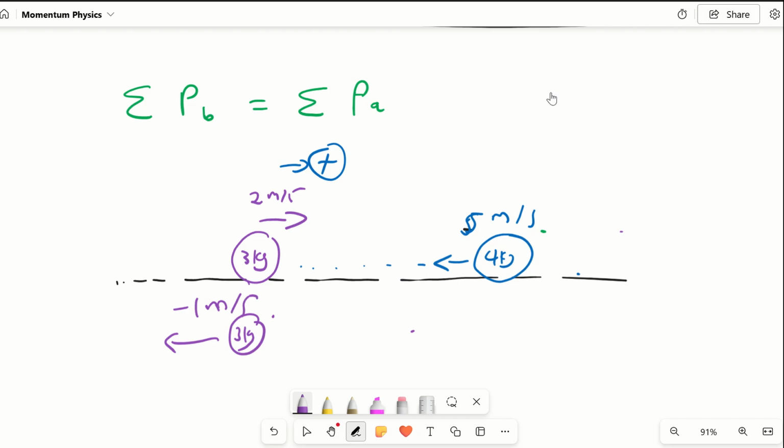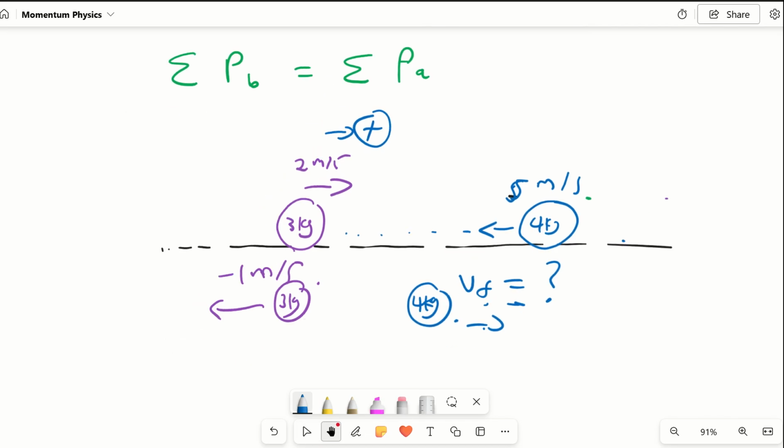Then this one is still the same mass, it doesn't change. It moves in this direction, but they don't tell us the speed.